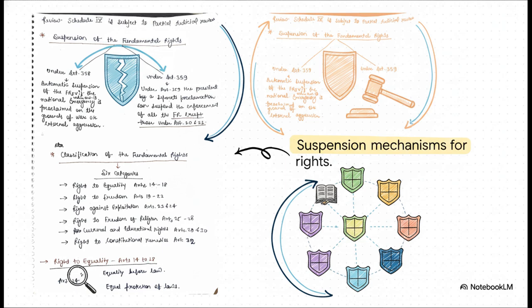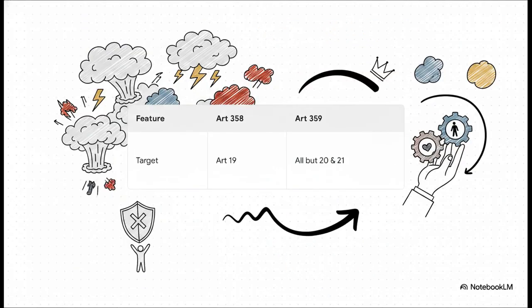Looking at this handwritten branching logic from the source notes, it visually splits the suspension of fundamental rights into 2 very distinct pathways. Over on the left side, we've got Article 358, and on the right side, Article 359. This breakdown is fascinating because it highlights how the Constitution literally plans for its own temporary pausing during emergencies. So what's the real difference between these 2 pathways?